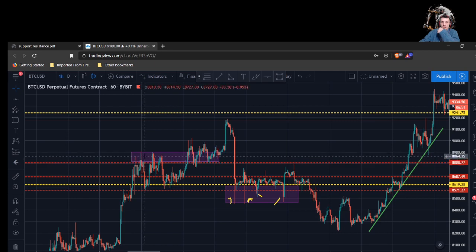You could have went right up here and put your short, and then you could have put your stop loss right above the box there, and you would have caught this nice little short dip right here, and then you could have taken profit right down at the support line.